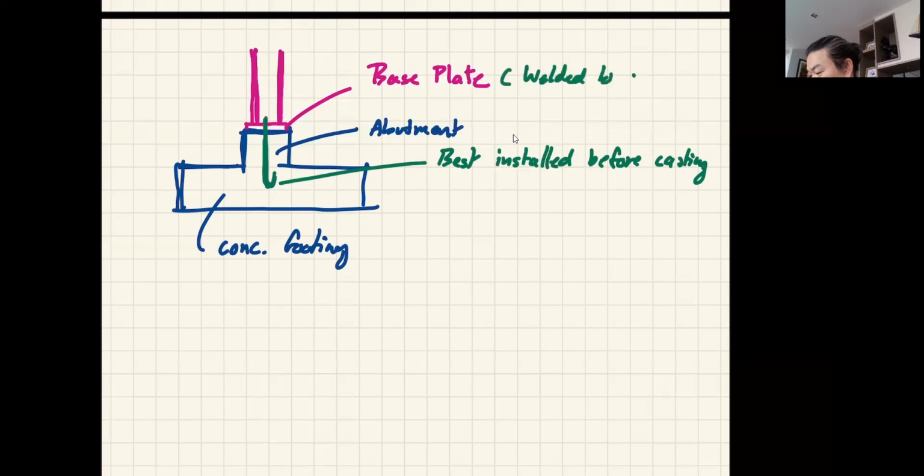Welded to column. So keep in mind that the size of the plate should always be greater than the column itself. Right? This is the practical issue that many students missed.